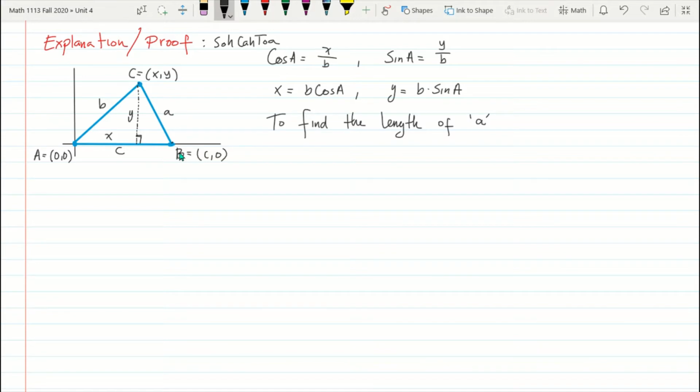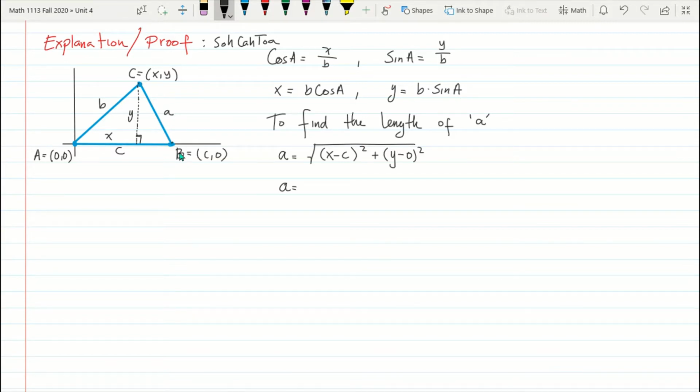All right, so a is equal to the square root of the difference in x's, so x minus c squared, plus the difference in the y's, y minus 0 squared.